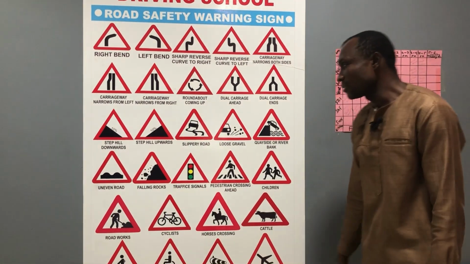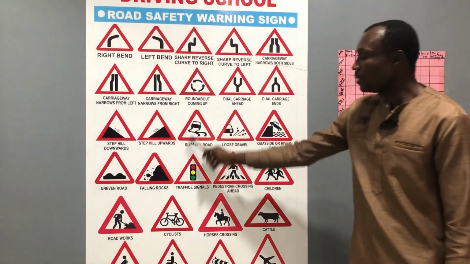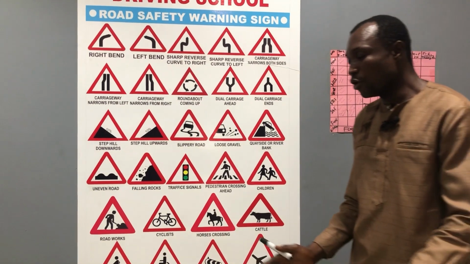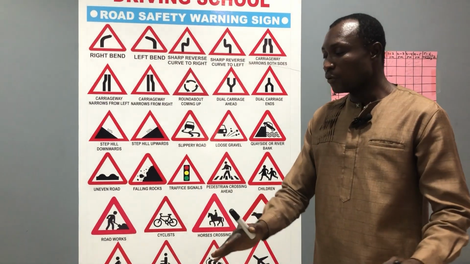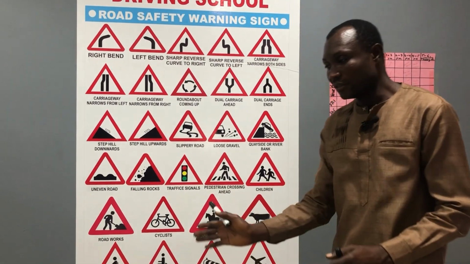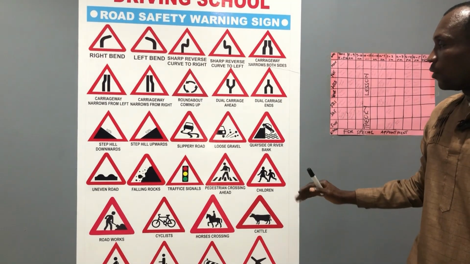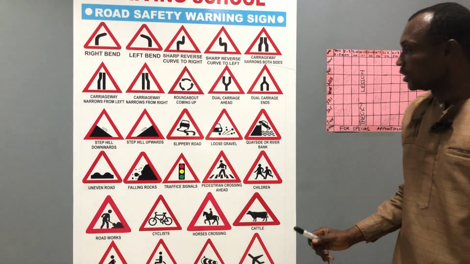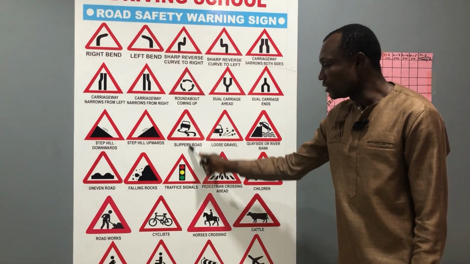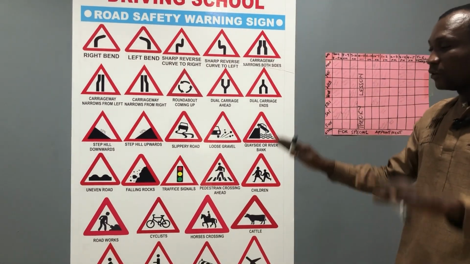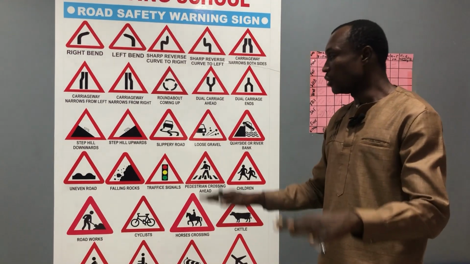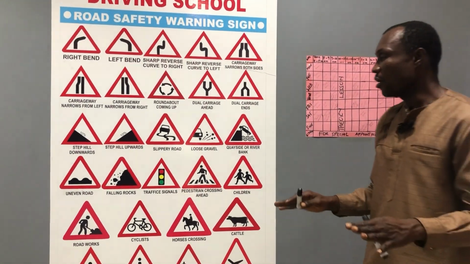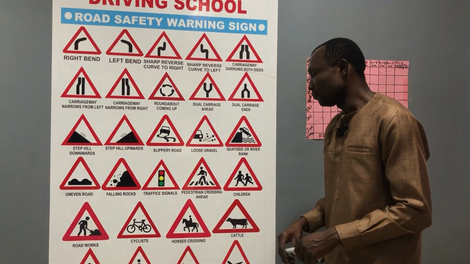Now let's come to the slippery road. A slippery road tells us that the road is slippery, it is wet. And when you see these signs on the sides of the road, whether dry season or rain season, my dear brother and sister, you should reduce your speed in order to avoid skidding of the vehicle.